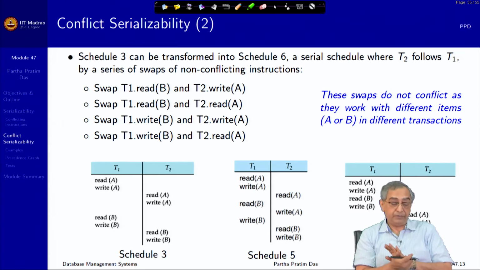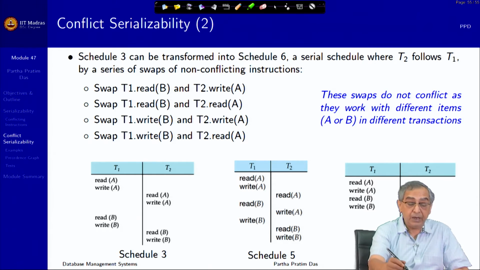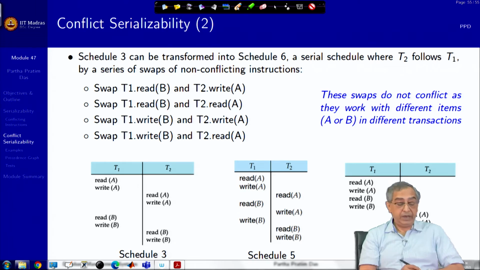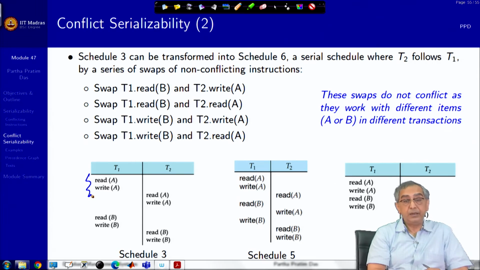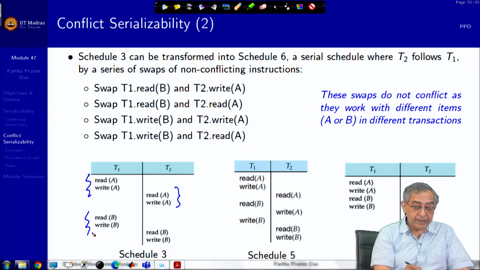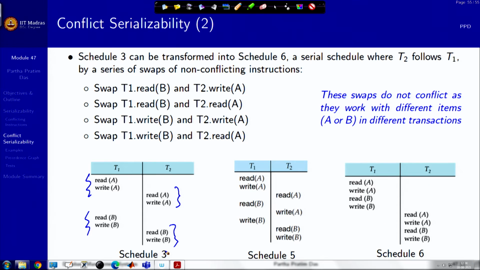Let us take an example from the earlier one itself, that we have a schedule given here which does read write A, then T2 does read write A, read write B, read write B. So, we can see that this write in T1 and this read in T2 are not conflicting.